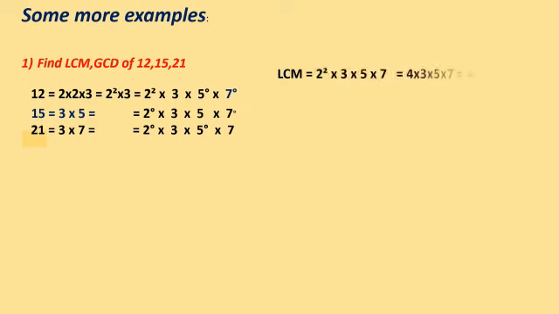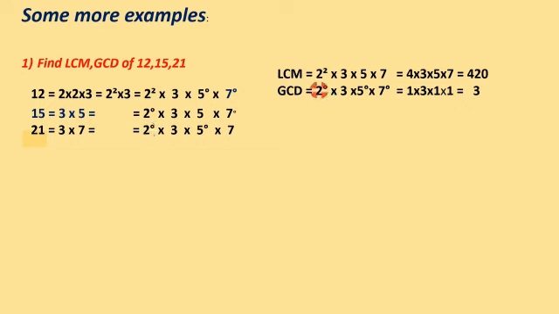So LCM is the highest powers, 2 square, 3, 5 and 7 multiplied, which gives 420. Observe, here in the second column 3 is the maximum, in the third column 5 is the maximum, and in the fourth column 7 is the maximum. Now GCD, the lowest powers, so 2 power 0, 3, 5 power 0 and 7 power 0, whose product is 3.